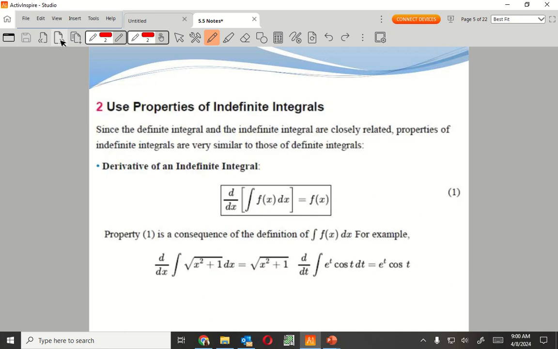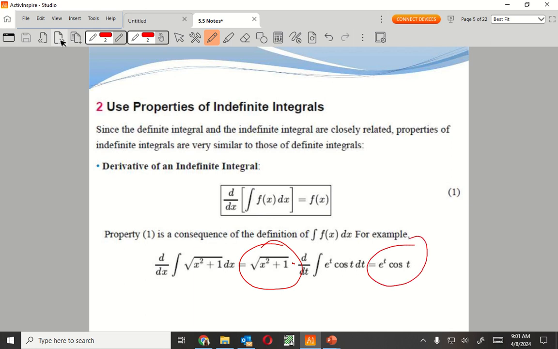Good. Use properties of indefinite integrals. Since the definite integral and the indefinite integral are closely related, properties of indefinite integrals are very similar to those of definite integrals. Derivatives of an indefinite integral. What it says here is that if I take the derivative of the integral, I should get the original function right here.